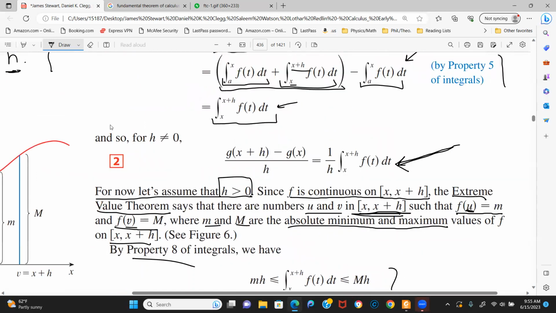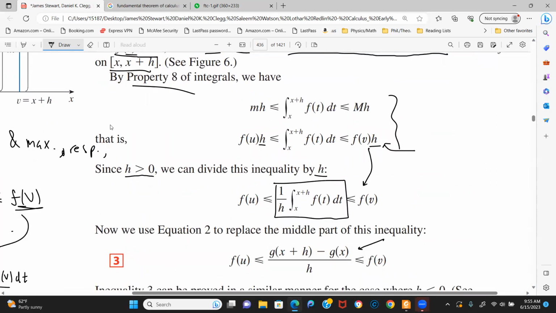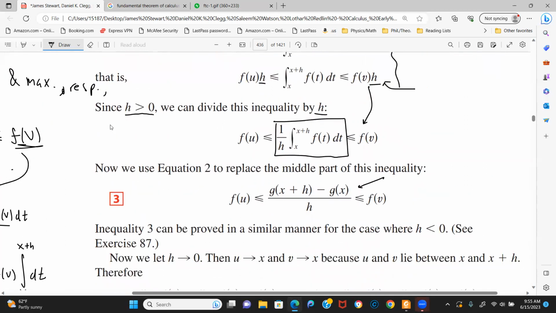Remember? Right there. All right, so now we have this. And as they say, this inequality holds for all sufficiently small positive h.